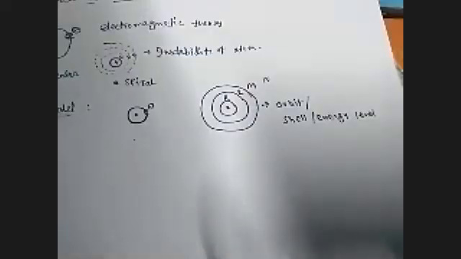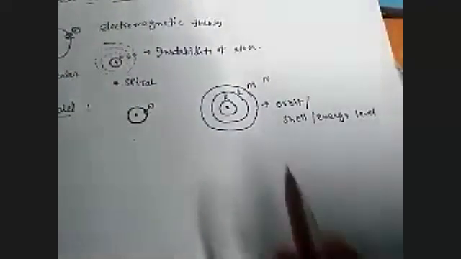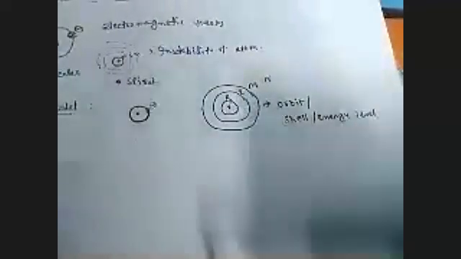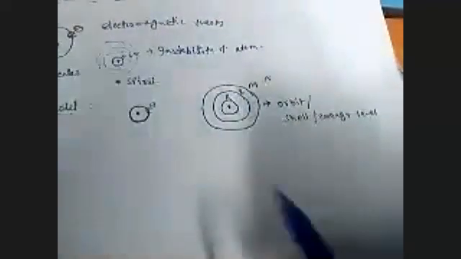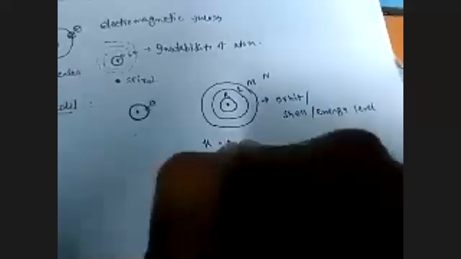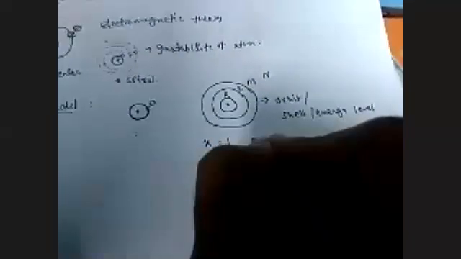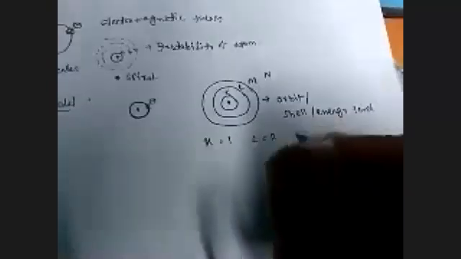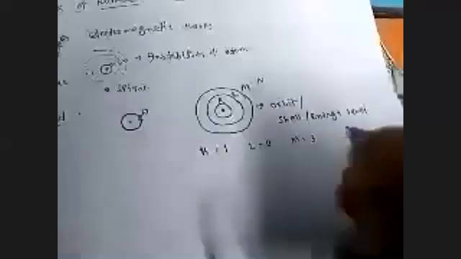He also numbered these cells. He gave a number to each cell: for the K cell it will be first, for the L cell it will be second, for the M cell it will be third, like this.